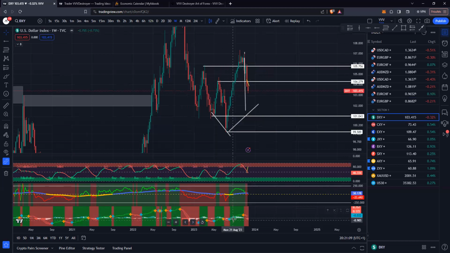Okay, structural divergence. We had here only two divergences, yes, but we could see that the structure is going to do something. Okay, and this was a beautiful move to the upside for a couple of months actually.